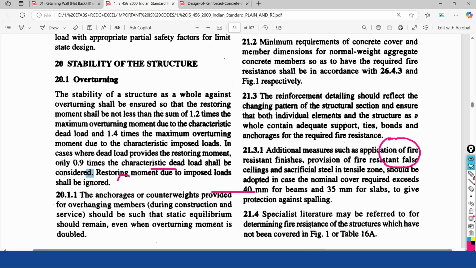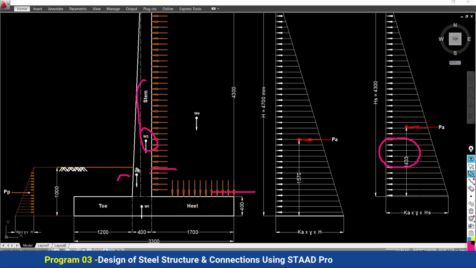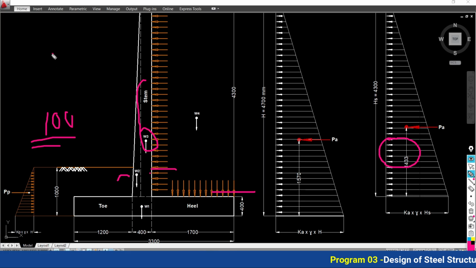So we are not allowed to consider 100%. We are going to reduce it by 10%, and consider only 90% of the restoring moment.